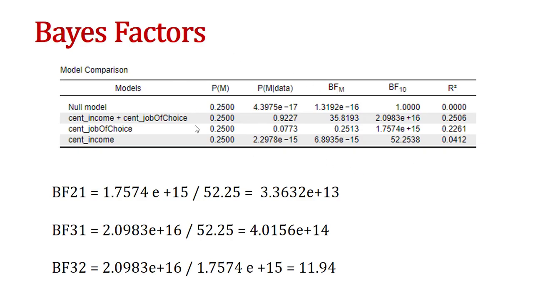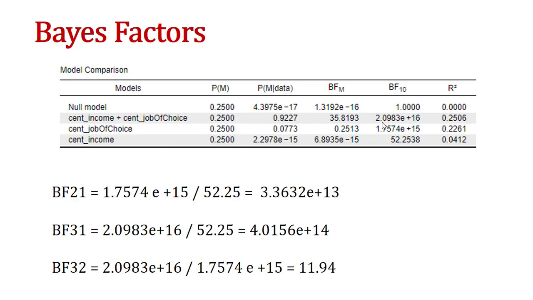Finally, the hypothesis testing using Bayes factors. This is the same slide as the one I showed before for model comparison. So in the model comparison, we concentrated on comparing models 3, 2, and 1, but this same table gives us the Bayes factors against the null model.